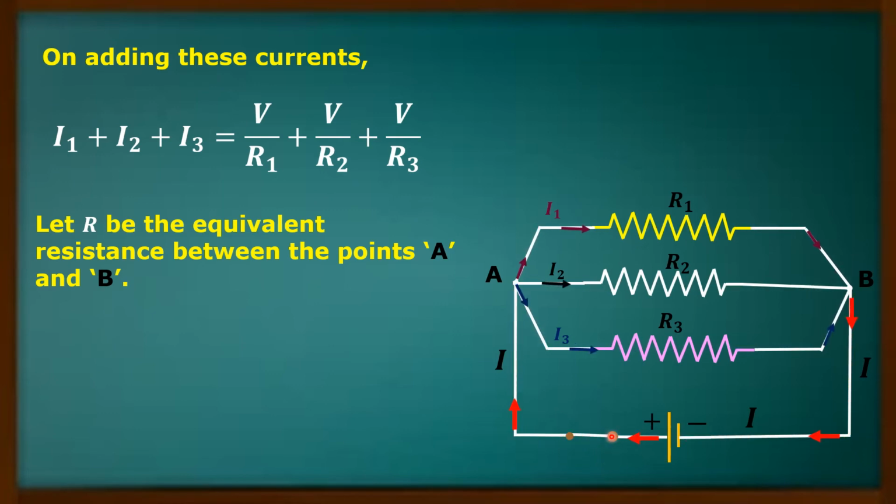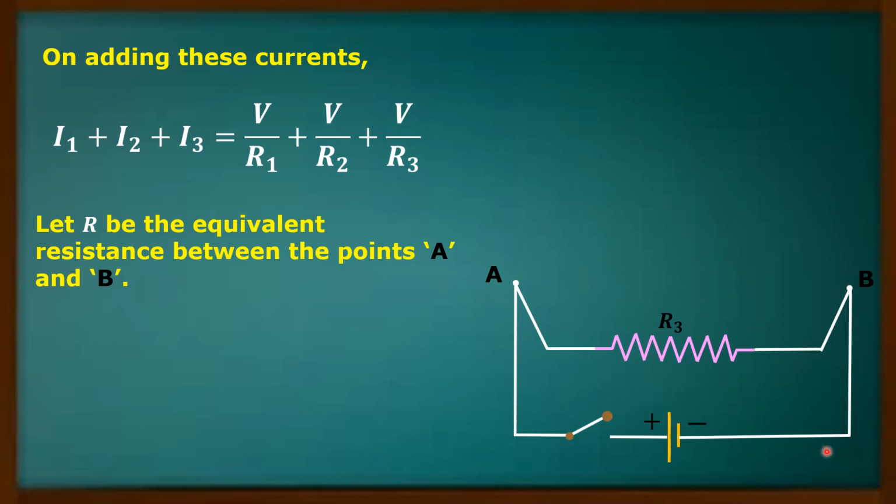So first turn the switch off here, then the circuit has been opened, so no current is flowing in it. Now let us remove these three resistors. So here between the points A and B I will join a single resistor whose resistance is R. That is the equivalent resistance of the given three resistors.